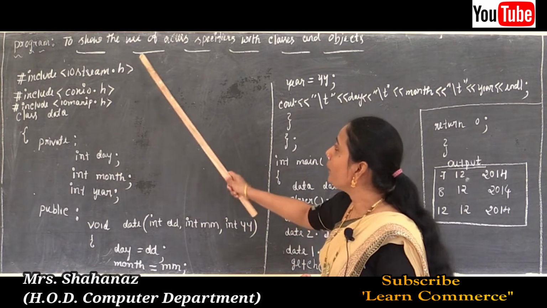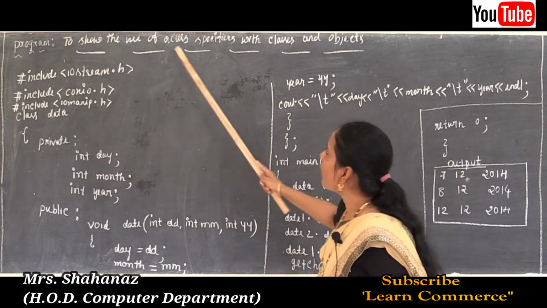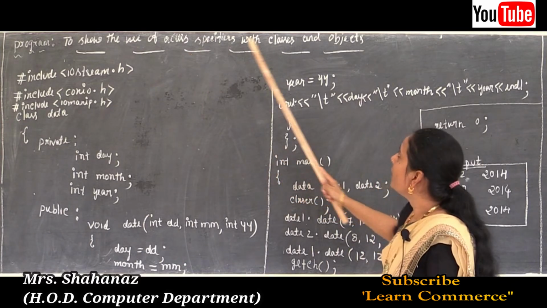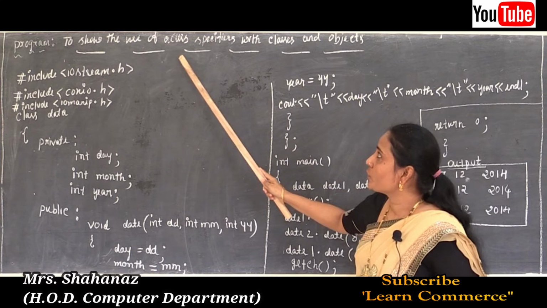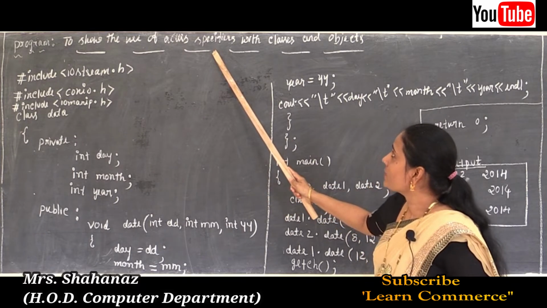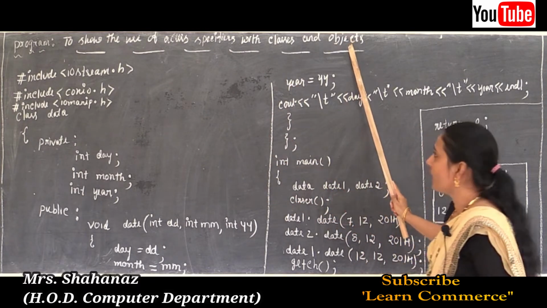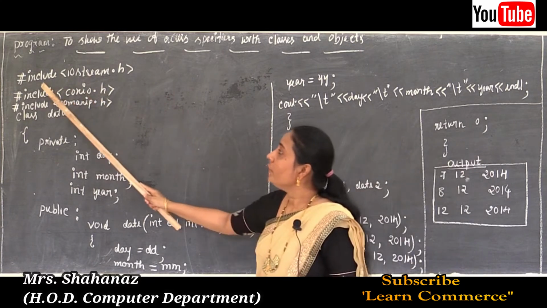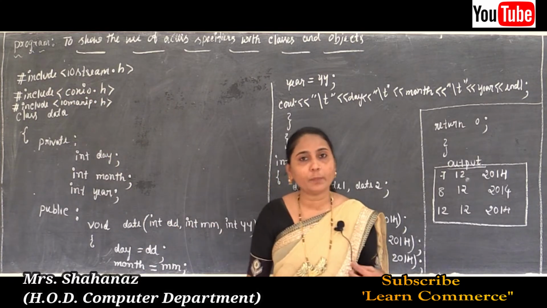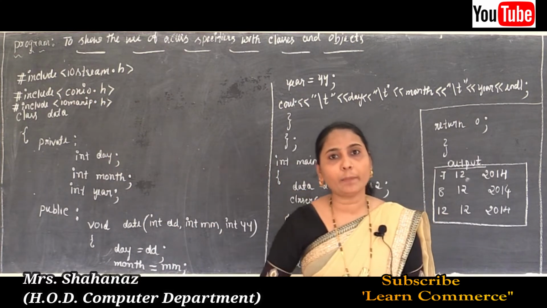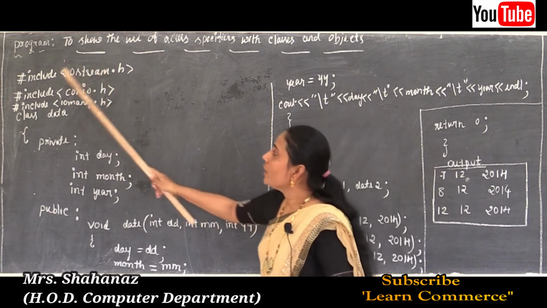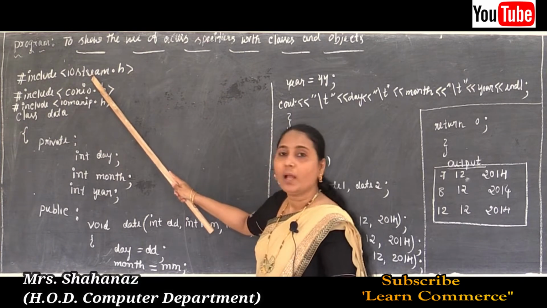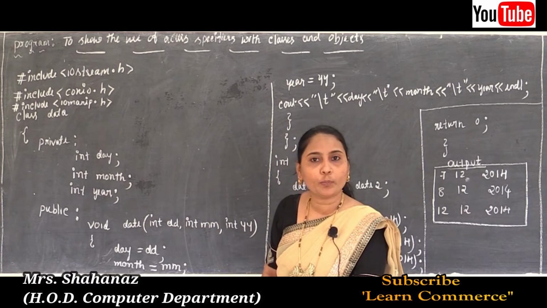Now the program to show the use of access specifiers with classes and objects. Here we know that whatever program there is, it is going to start by using the header file iostream, so hash include iostream. iostream is the input and output stream.